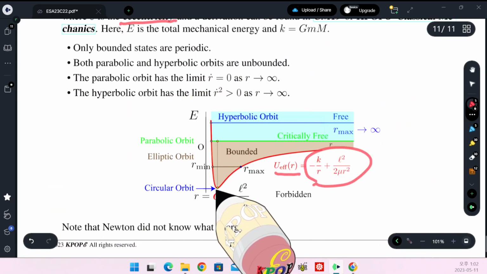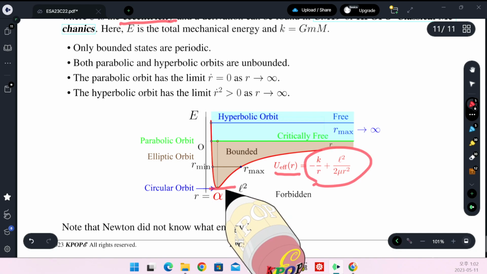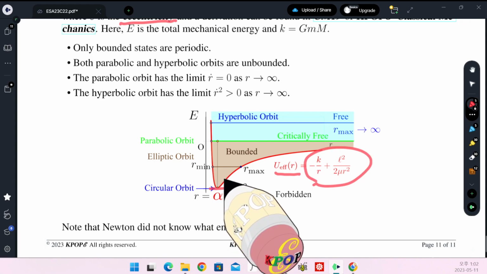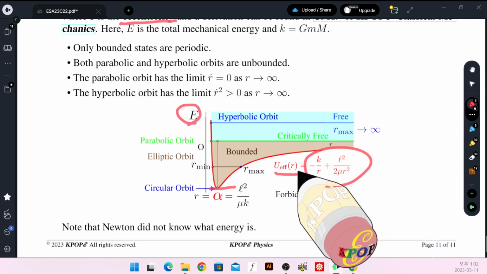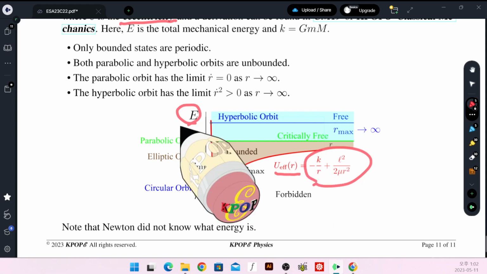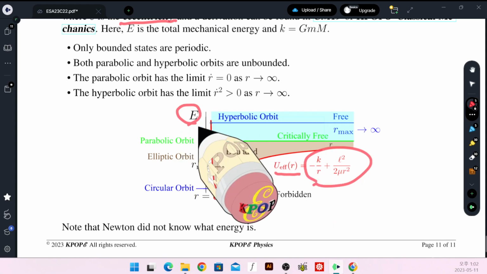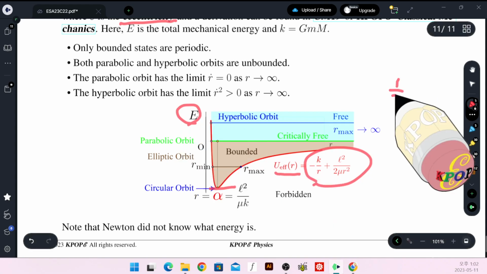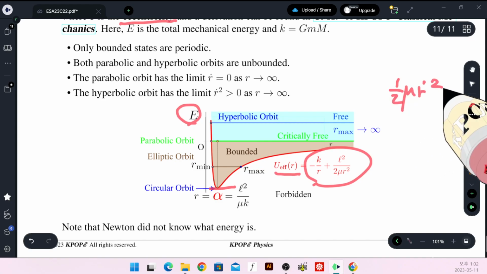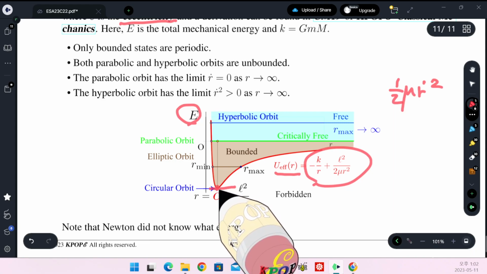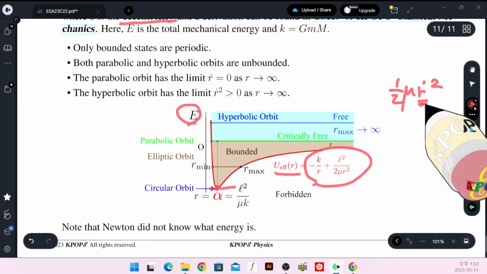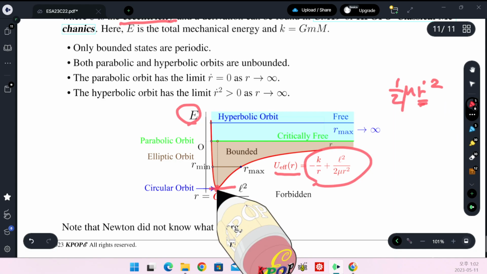So finally, the minimally allowed energy level, the total mechanical energy, is the sum of the potential energy and the kinetic energy. Especially here, kinetic energy is assumed to be the radial part, 1/2 mu r dot squared. So here, radial kinetic energy vanishes. So r dot is always zero.